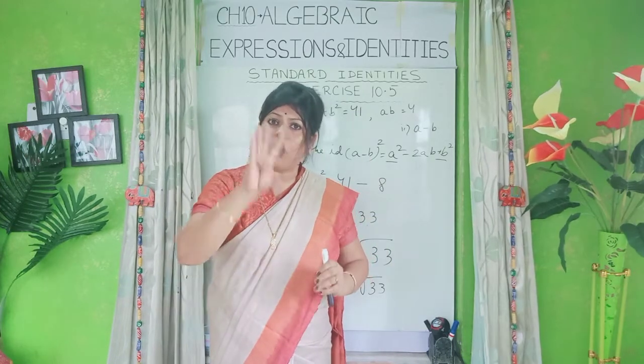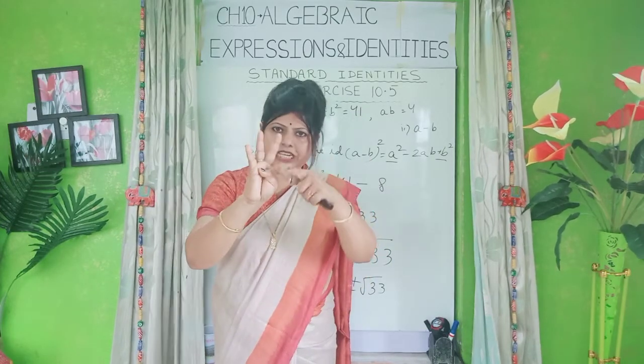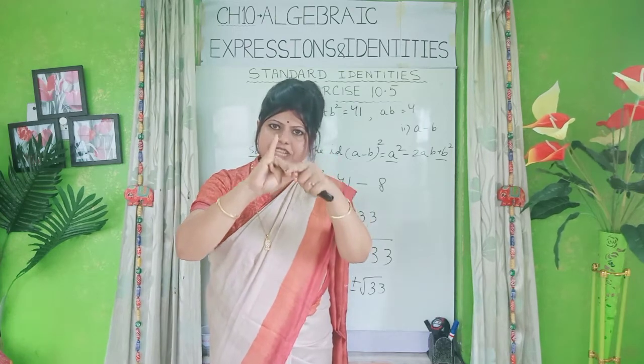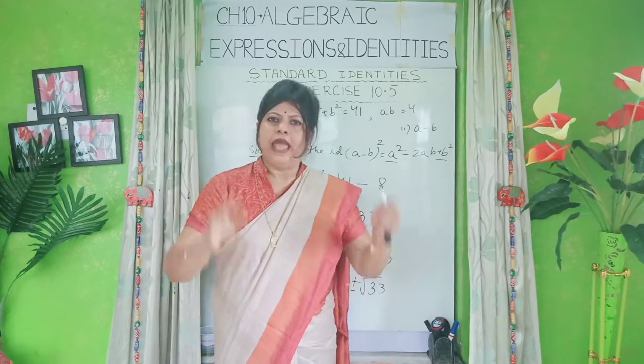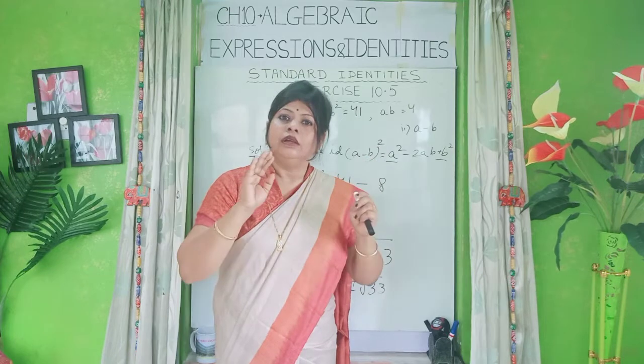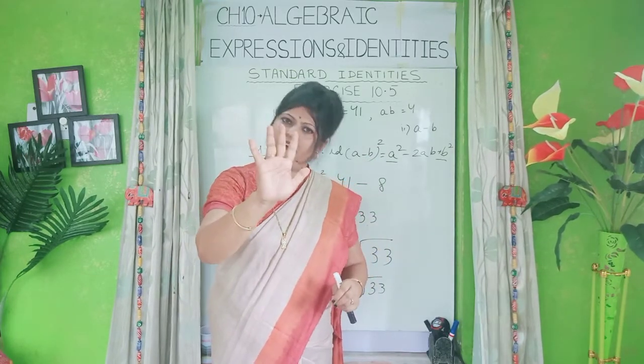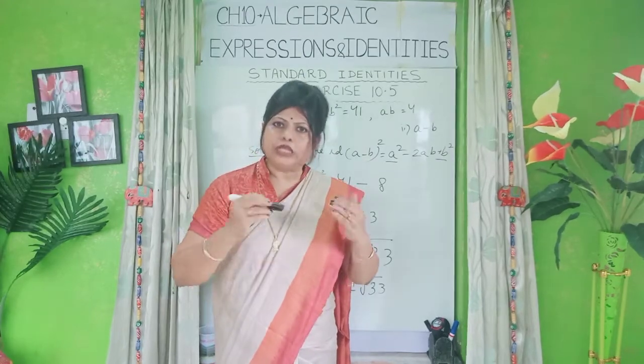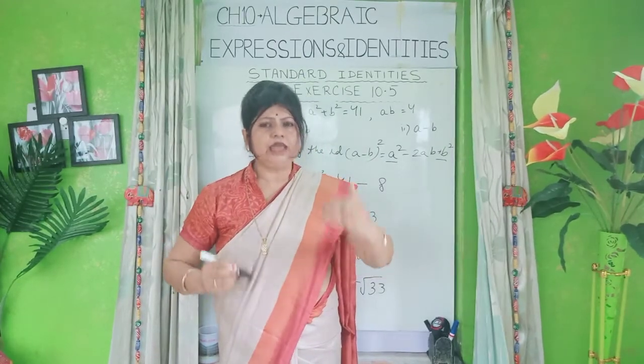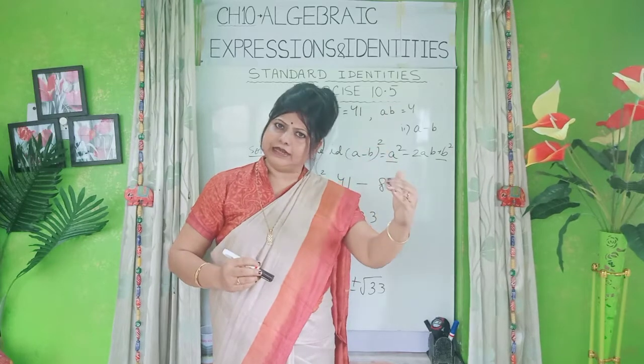After that we did all 4 operations: addition, subtraction, multiplication and division. And at the end we did standard identities. How many identities we did? Total 5 identities. And we solved questions using these 5 identities.